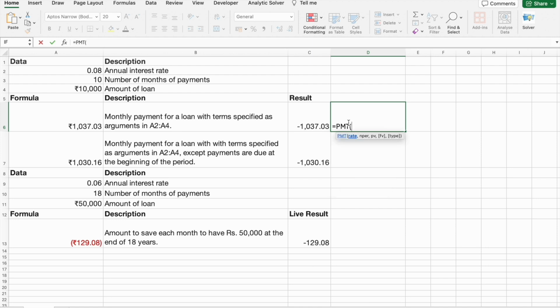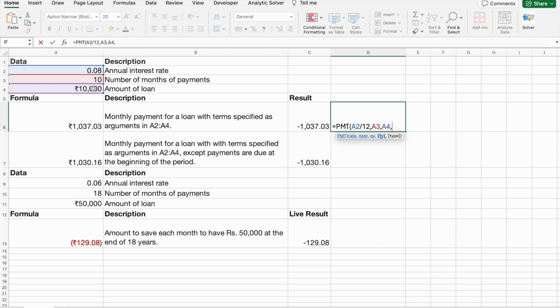So first of all, we have to select the rate, which is the annual interest rate. So we are going to calculate the monthly payment for a loan, right? So we have to divide this annual interest rate by 12. Then we have a number of months of payment. In this example, that is 10. After that, we have a present value or the total loan amount, which is 10,000.